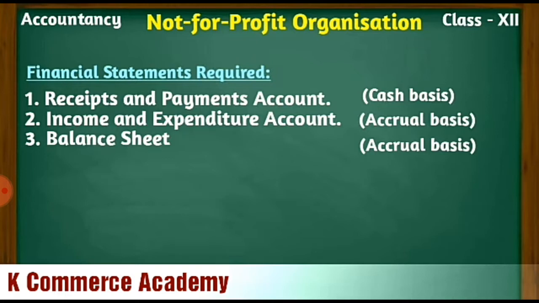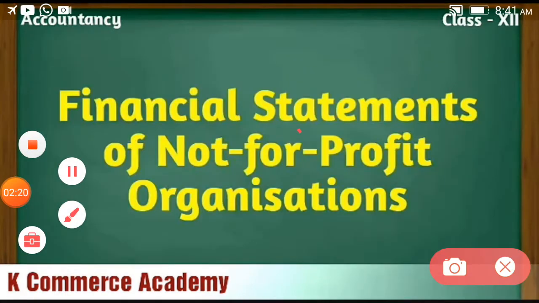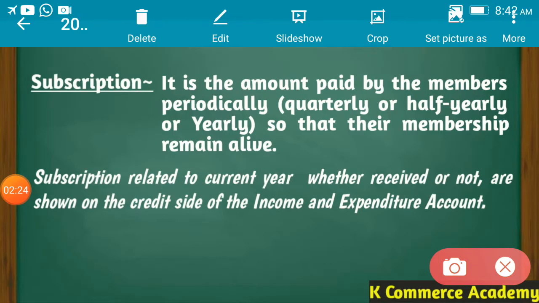So this item will be shown on the credit side of the income and expenditure account, because it is an income and incomes are always credited.